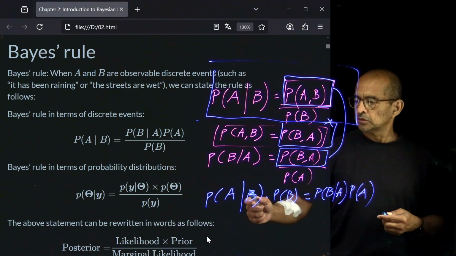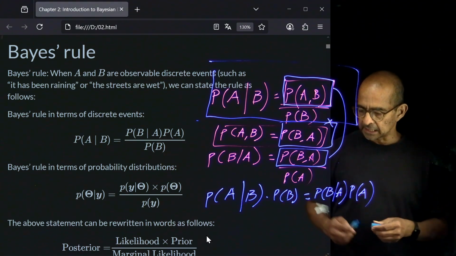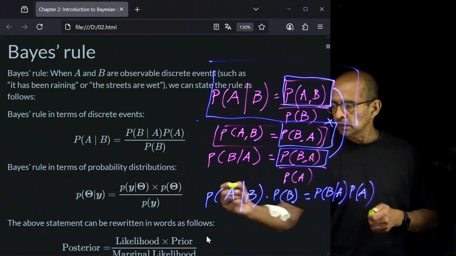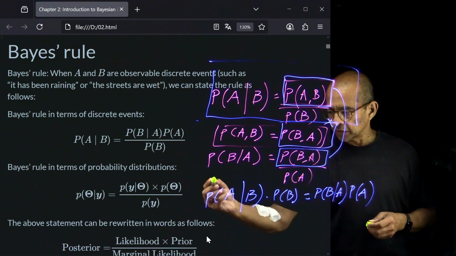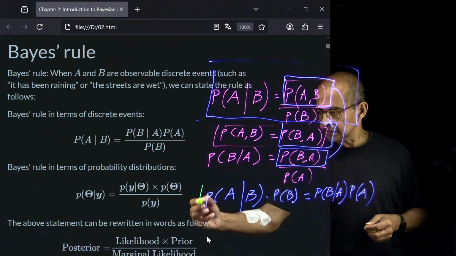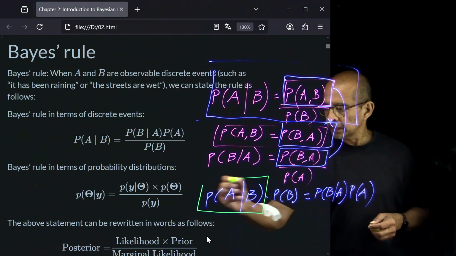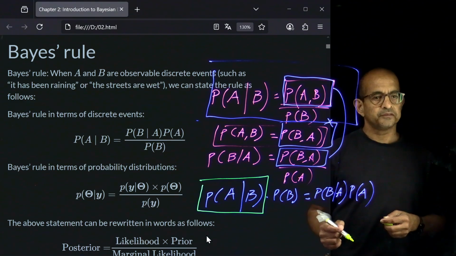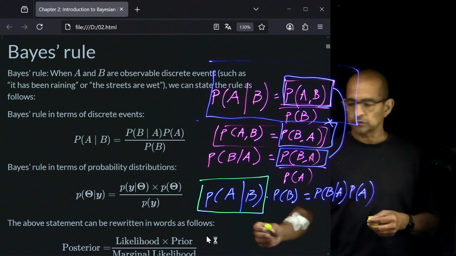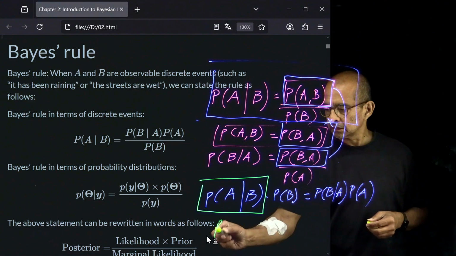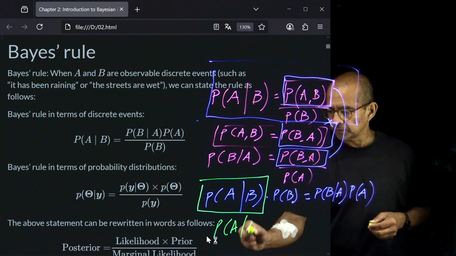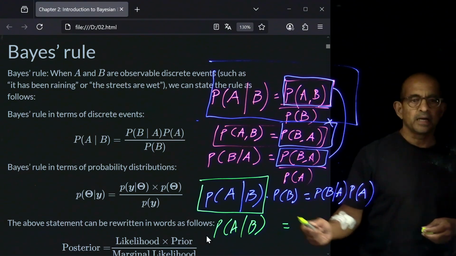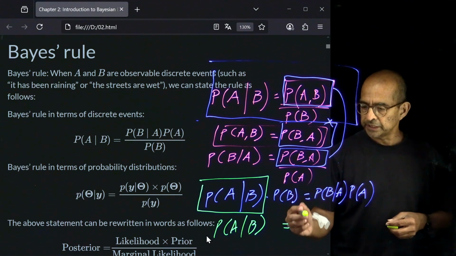Okay. So what I get out of this last line is that I can express the probability of A given B in terms of all the other terms in this equation. I'm now dividing both sides by the probability of B, right?